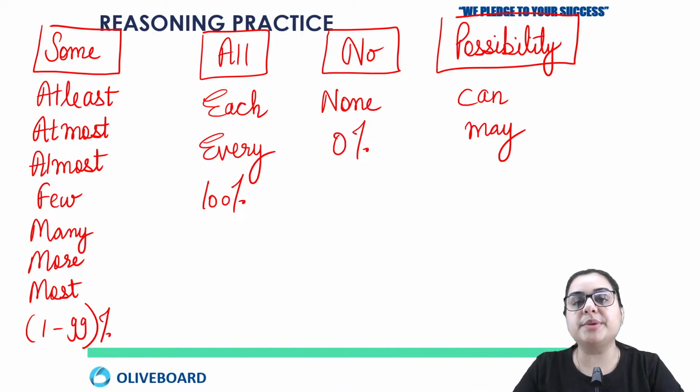Like if I say some A is B is a possibility, that we understand. But if I say that some A can be B or some A may be B, that also means possibility. So students, is this much clear?